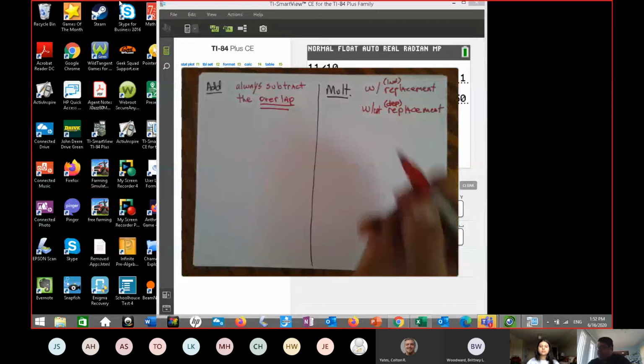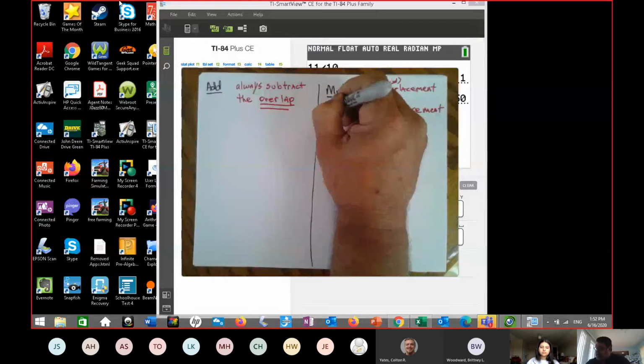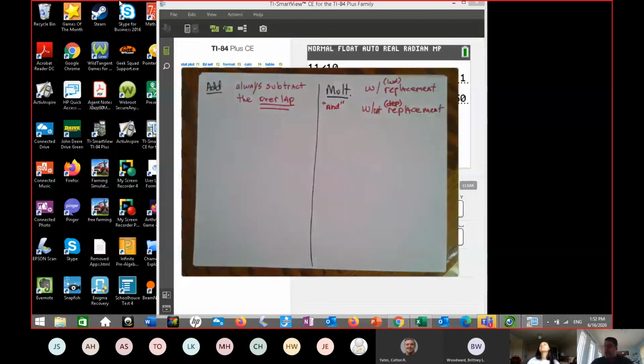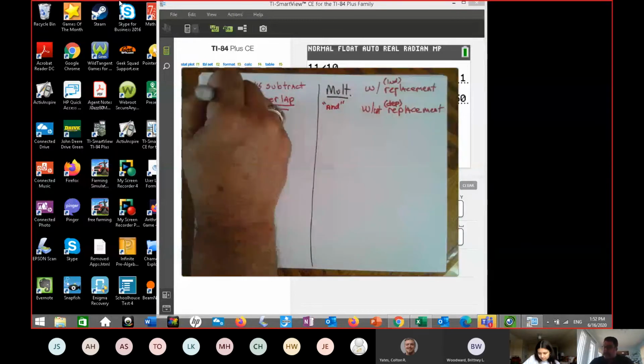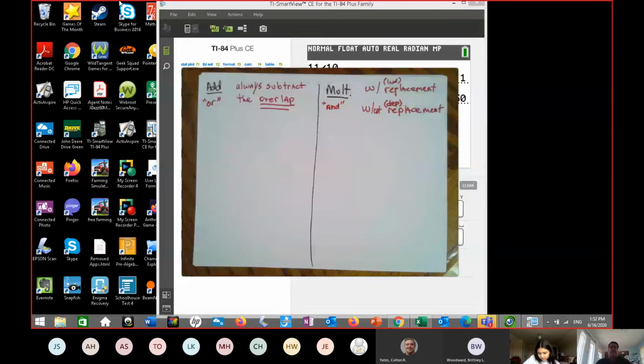The word and goes with the multiplicative law. The word or goes with the additive law. Notice that's all in red, so either you're writing in red or highlighting it. Very important.